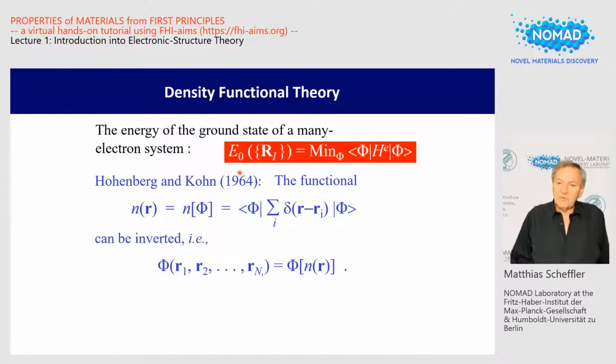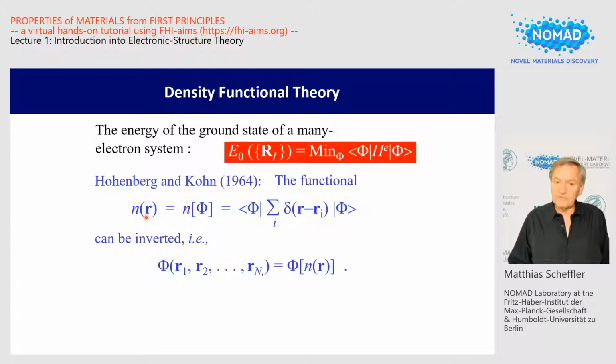And what Hohenberg and Kohn have shown mathematically is that the functional n of phi, which tells how phi determines the density, and we know how the functional looks like. The functional is the expectation value of the Dirac delta function at the electronic positions. So phi clearly determines the density.